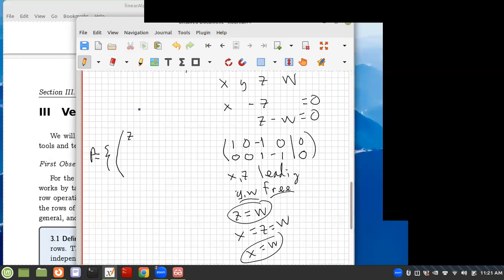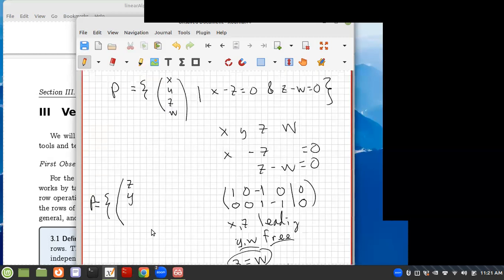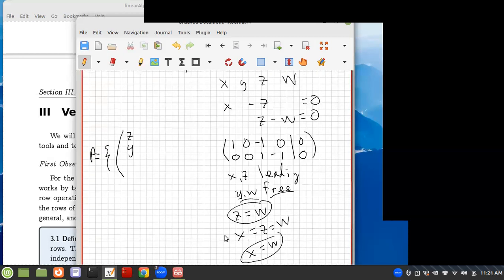Coming over to here, y is free, so it just stays there. Since z is leading, and x is leading, that's what I have done.